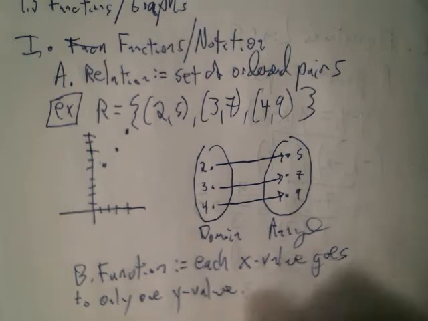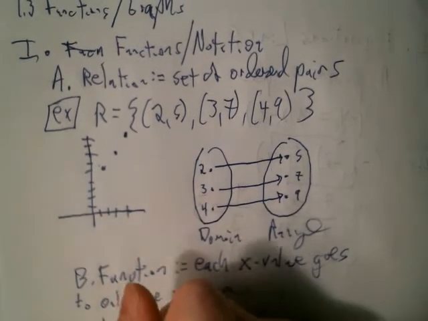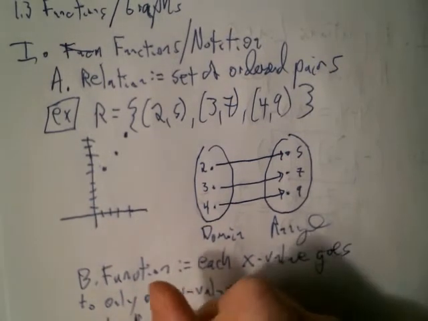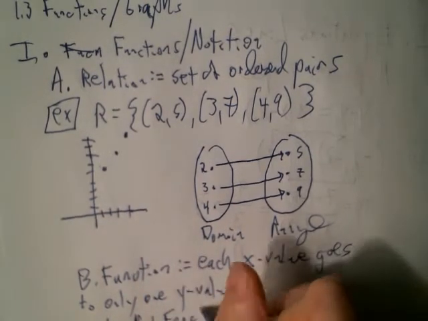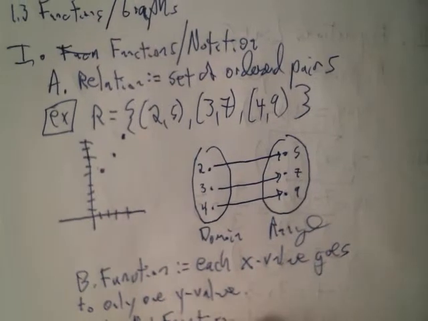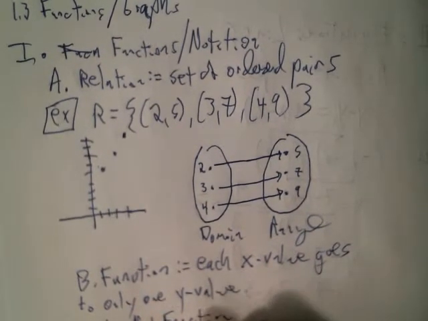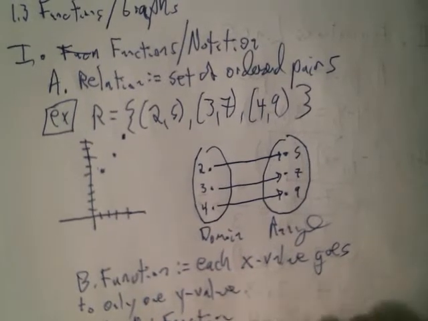So maybe what would be more instructive is to look at one that's not a function. Okay, so this is not a function. I'll use the arrow diagram. And again, I have maybe a different set of domain points. Over here are my range points.